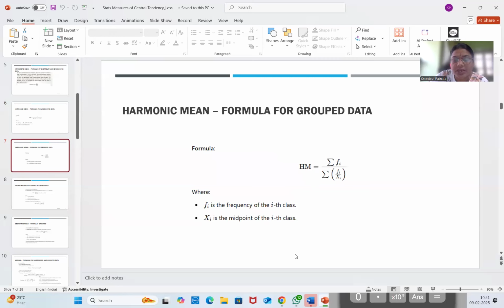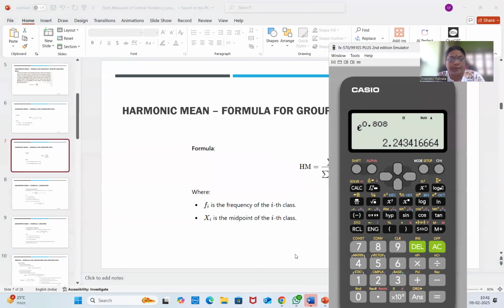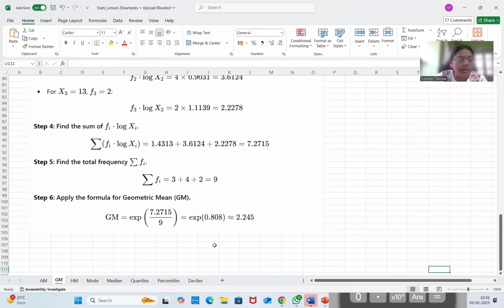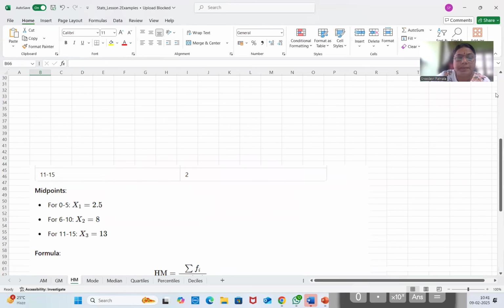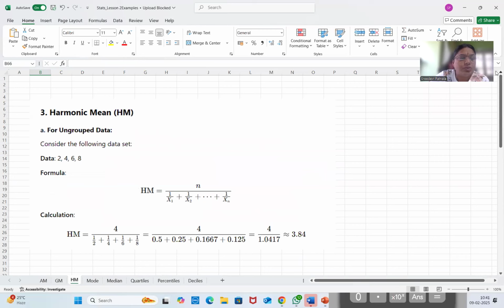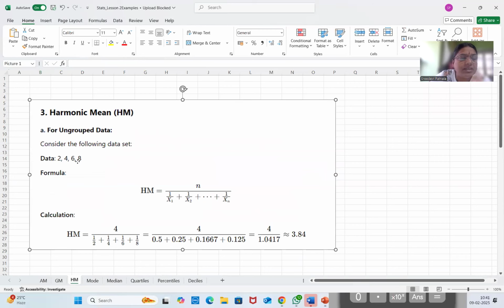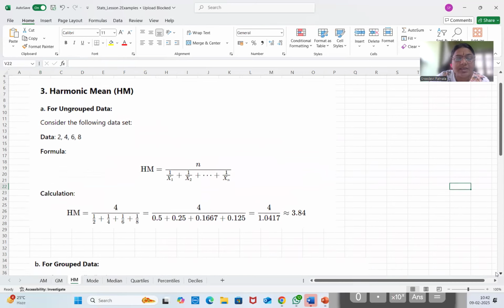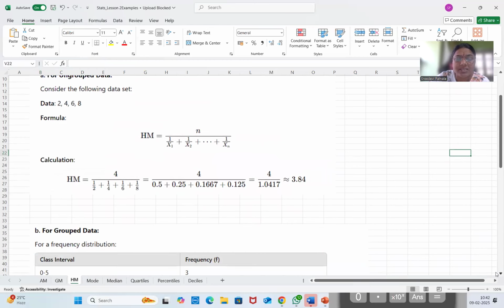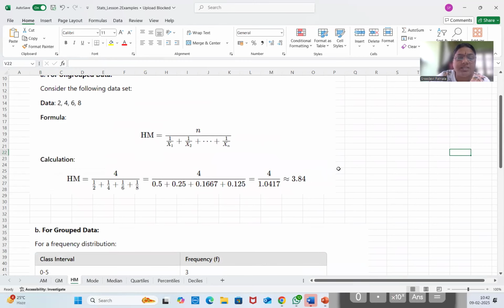Let's quickly go to the example. Harmonic mean. Here the data set is 2, 4, 6, 8. The formula, which I told, is n divided by 1 by x1 plus 1 by x2 up to 1 by xn. Just apply this using the Casio calculator, very easy. How many values are there? 4.